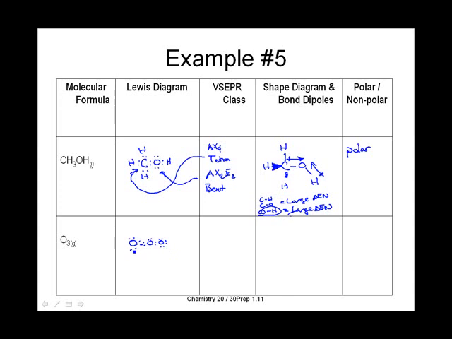Ozone has a shape or a Lewis diagram similar to this. It's actually a resonance structure, but for VSEPR class, our central atom is an AX2E with 1 lone pair, so it's going to be bent, but based on trigonal planar.